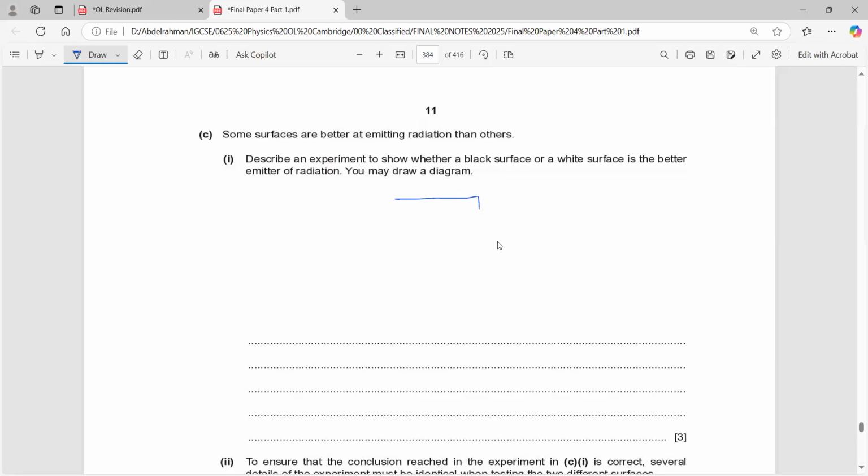So basically, you may draw a diagram. طبعا you don't need to draw a diagram, but you may. I'll draw the diagram so that you can understand what I'm doing. Yeah, this is hot water, صح? And this surface, let's say, is shiny white, and this surface is dull black.